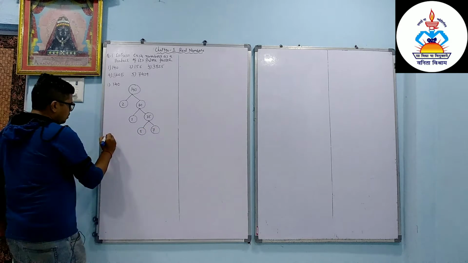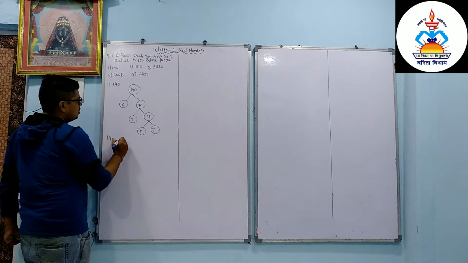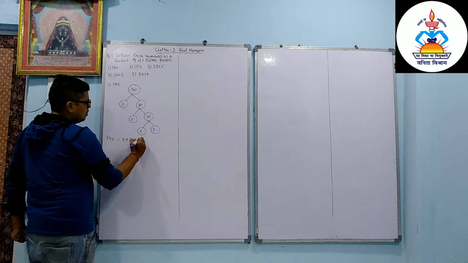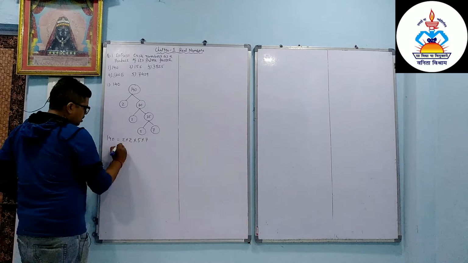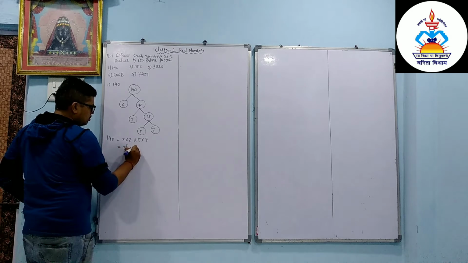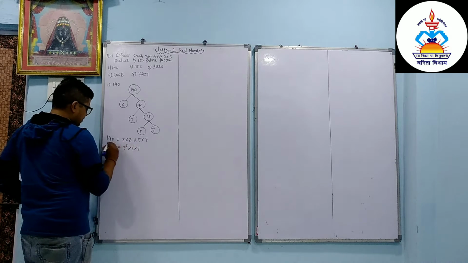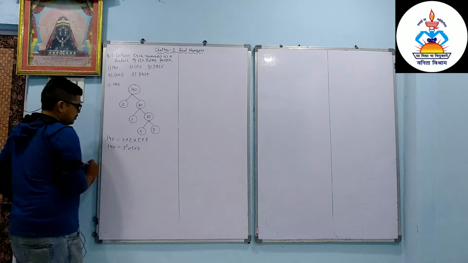So we can write 140 in this way, 2 into 2 into 5 into 7. We can write here 2 square into 5 into 7. This is the factorization of 140.